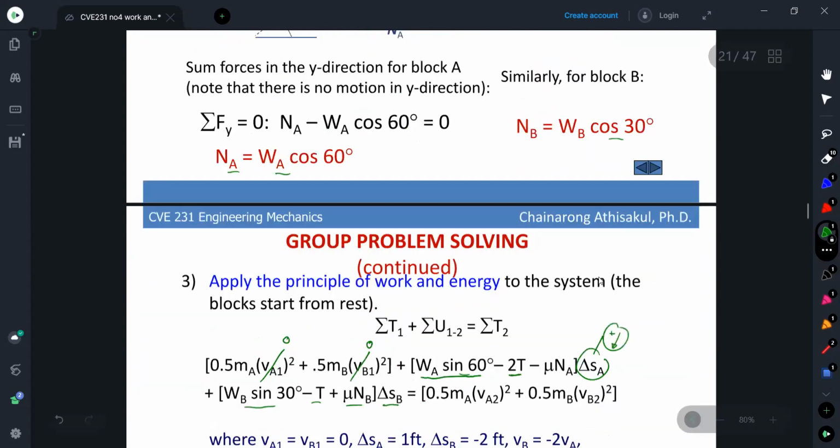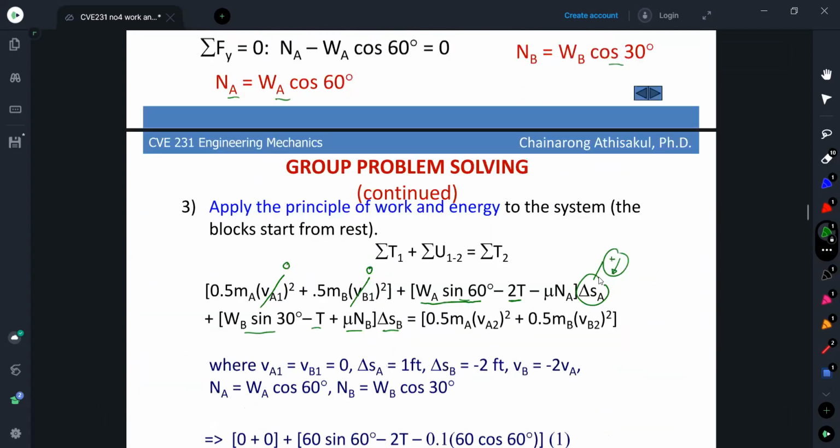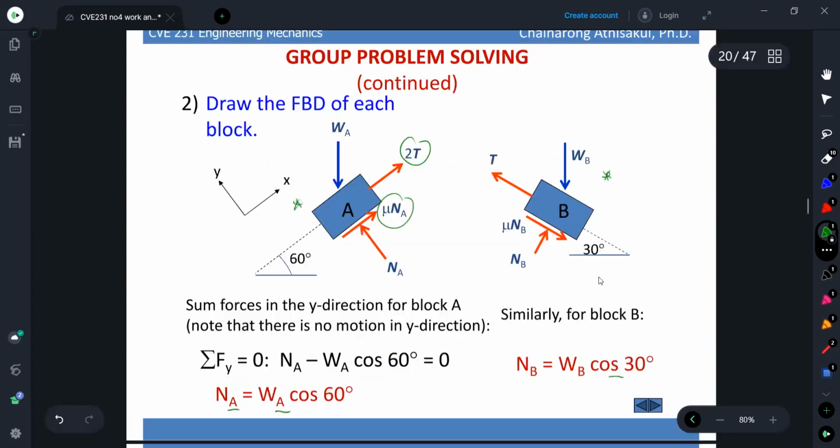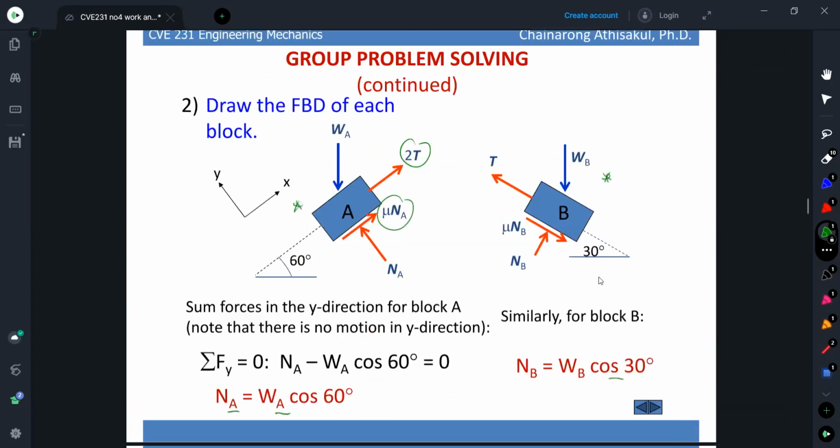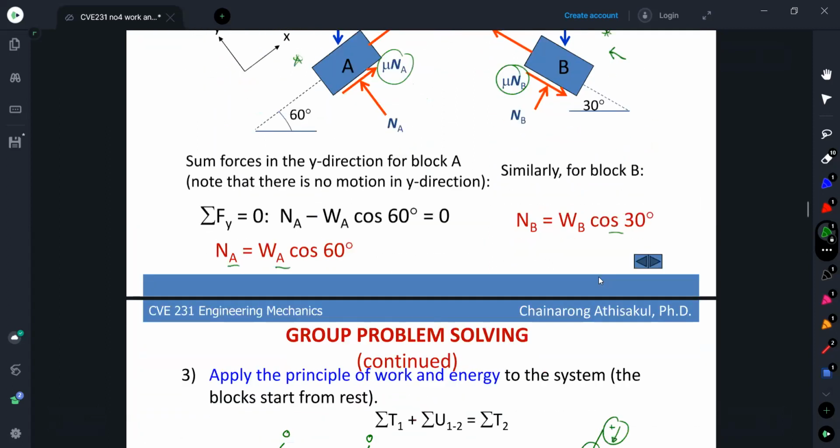For B, because the problem gives us that B is moving up, the friction should act downward, because of the given motion from the problem.